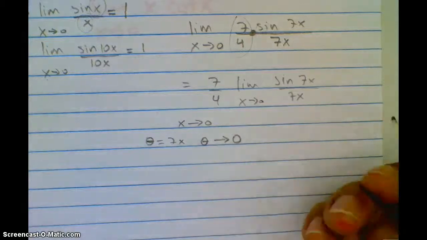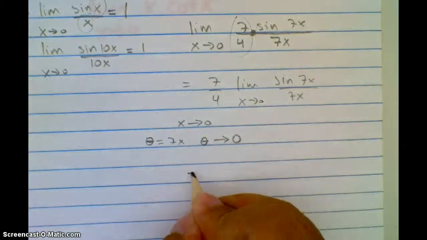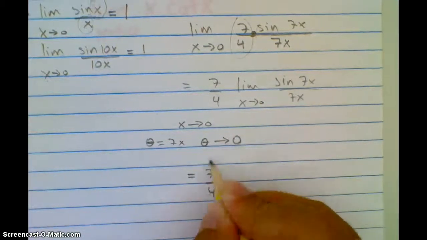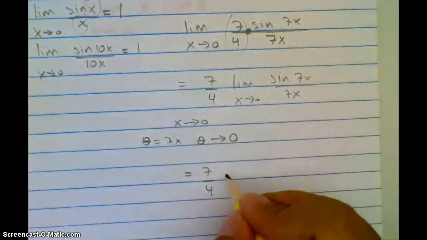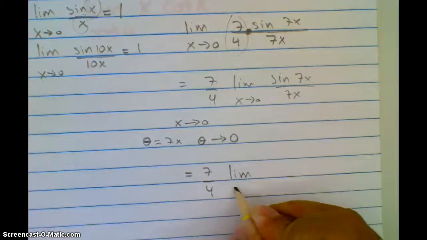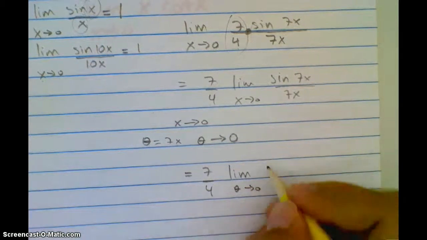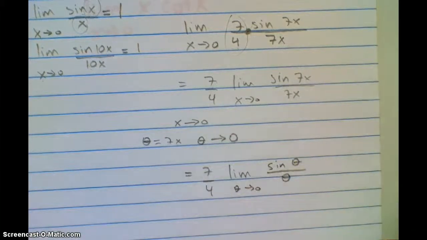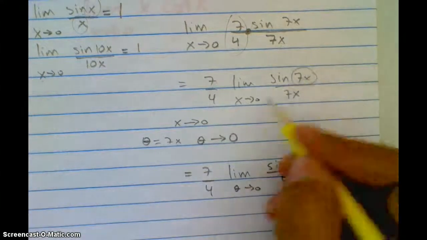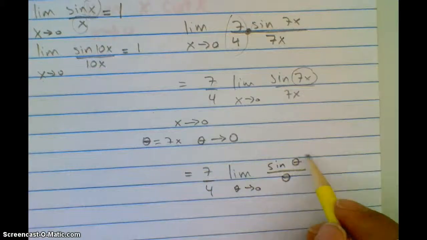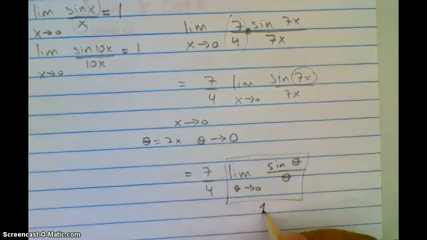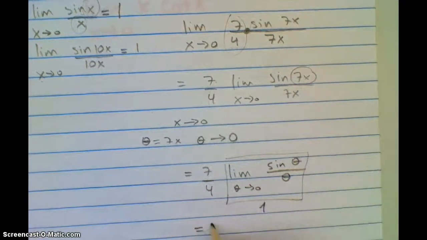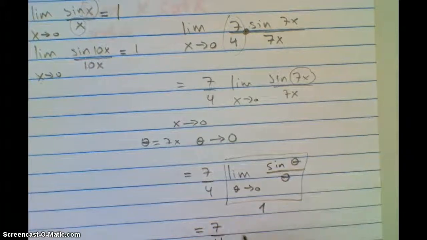So this is what we call changing variables. So the 7/4 stays, then I have the limit as theta approaches 0 of sine of theta over theta. I replaced the 7x with theta, and now I know for a fact that this is 1. So the limit is simply 7/4.